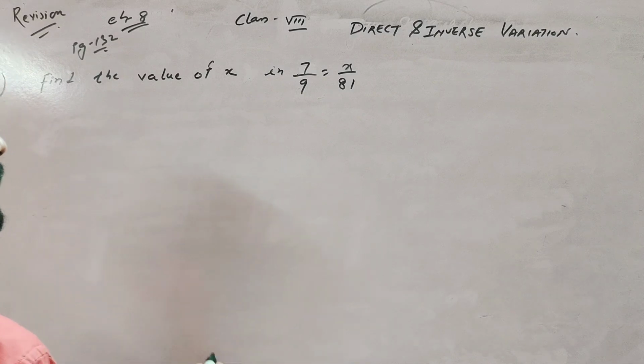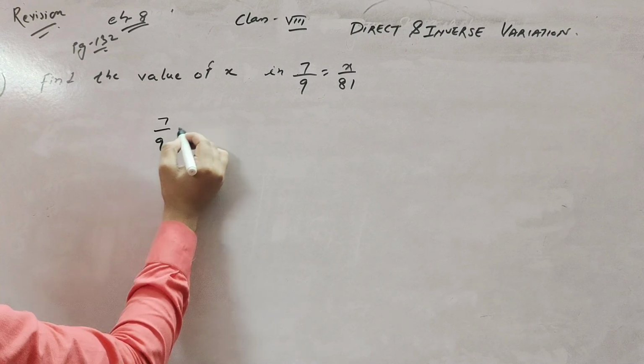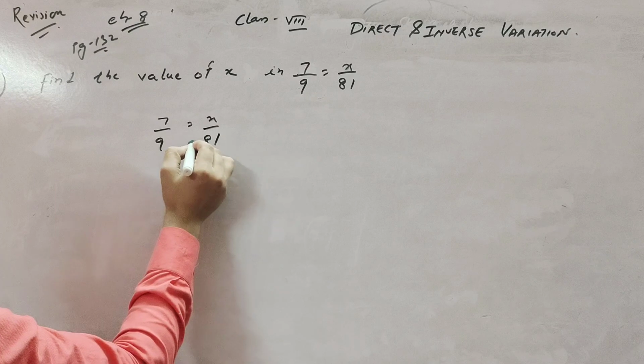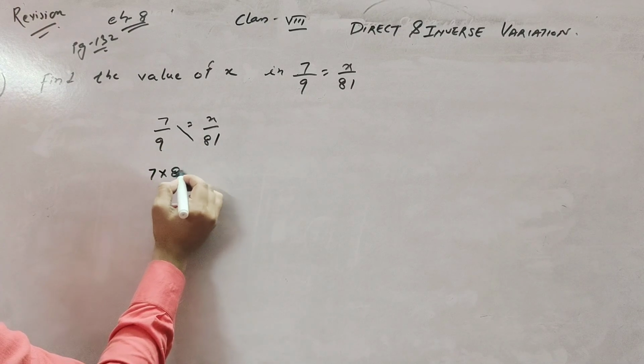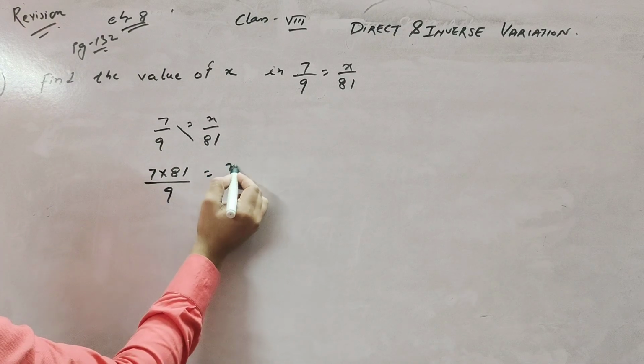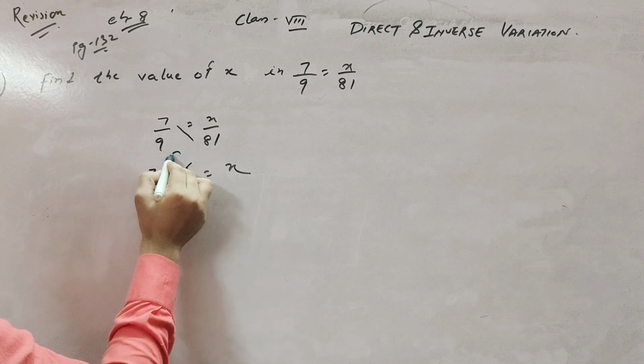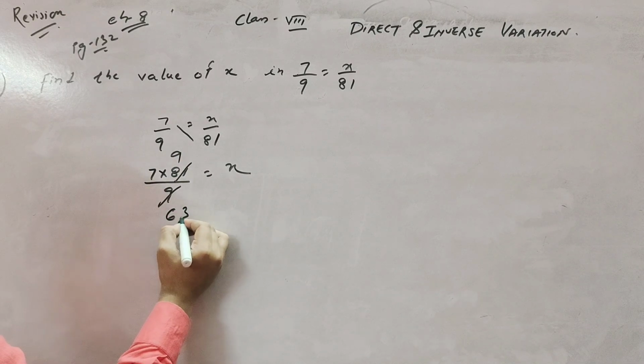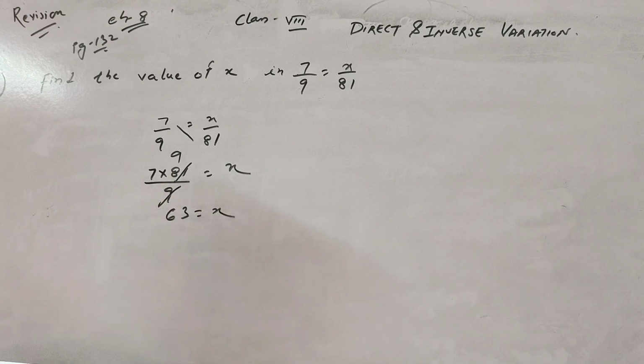We know the rule of cross multiplication, that is 7 by 9 equals x by 81. So 7 into 81 by 9 is equal to x. 9 nines are 81, 7 nines are 63. So we get the value of x is 63.